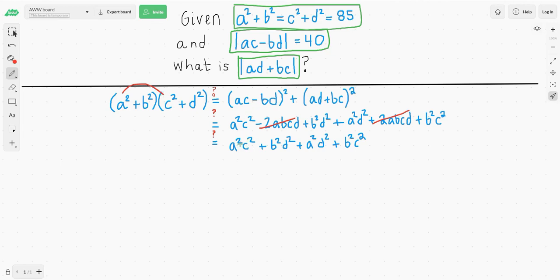That gives us a squared c squared. We take a squared times d squared. That gives us a squared d squared over here. So that checks out. And we take b squared c squared. Checks out there. And we take b squared d squared. Okay, so we've just FOILed this out and verified that this formula is true.